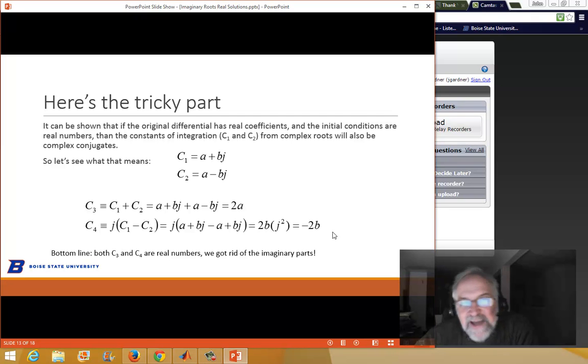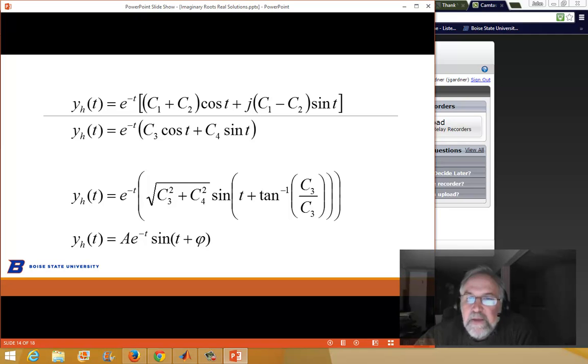And so by that substitution, c3 and c4 now become purely real coefficients, and we've now eliminated the imaginary part of our solution. We went from here, which was just applying Euler's identity and even and odd functions and doing some factoring, to here, substituting new c3 and c4. We just proved they're real numbers, and we now have a completely real solution. So we're well on our way to getting the right answer.